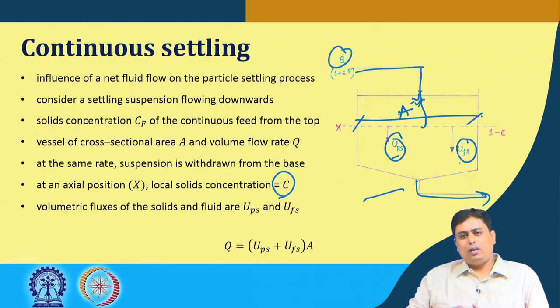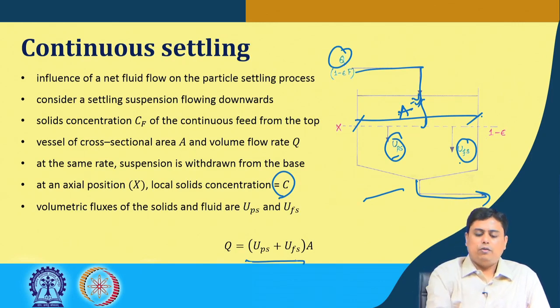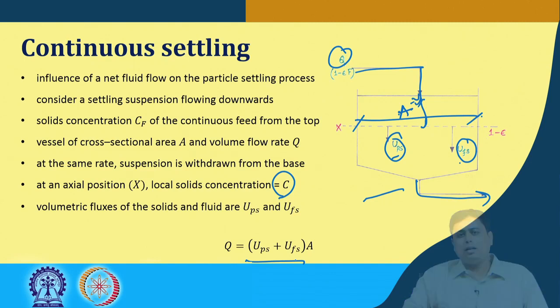So, if we consider this information, then at any point in the vessel of this continuous operation, by continuity we can write Q equals volumetric flux multiplied by the cross sectional area.